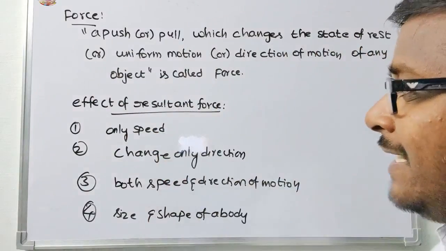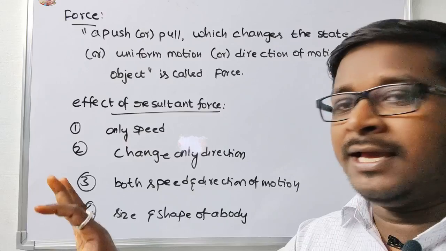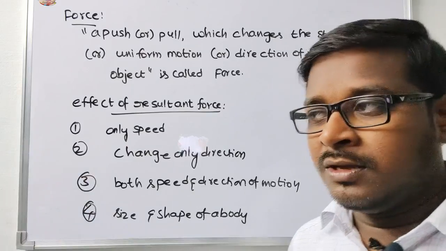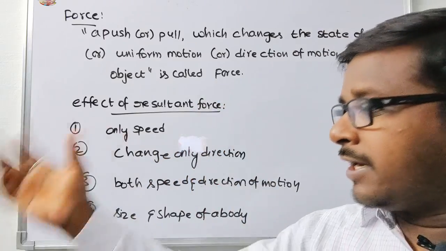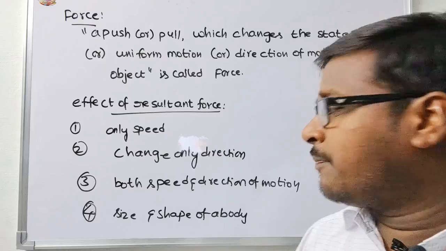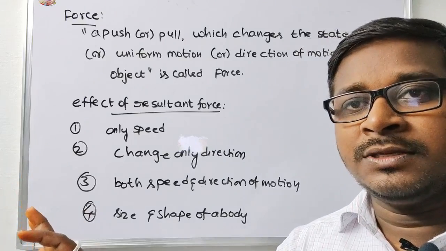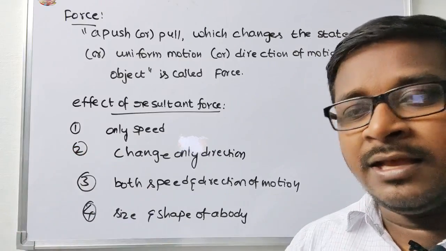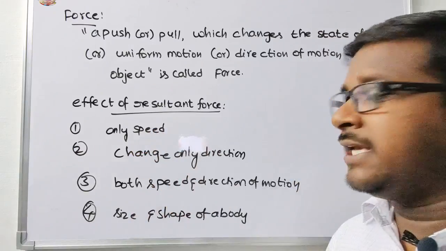First one, only speed. For example, a body is at rest, and when a force acts, such as 10 or 20 people behind a vehicle pushing it, the speed changes.